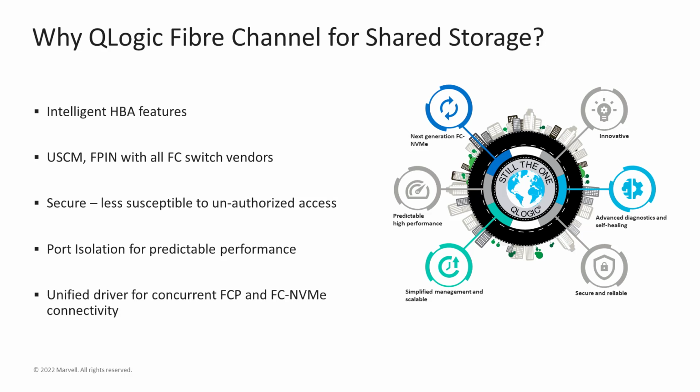QLogic HBAs provide secure firmware features as well as data encryption for an extra layer of security in the SAN. HBA management software is available with VMware vCenter plugins, Windows Admin Center extensions, and CLI utilities, plus integration with Fibre Channel switch management utilities, making management of QLogic adapters easy.